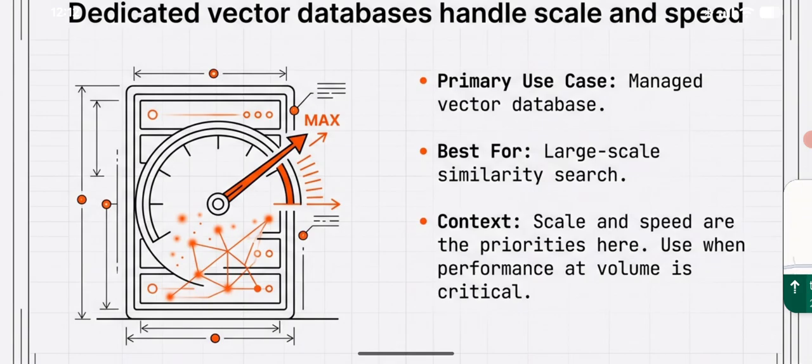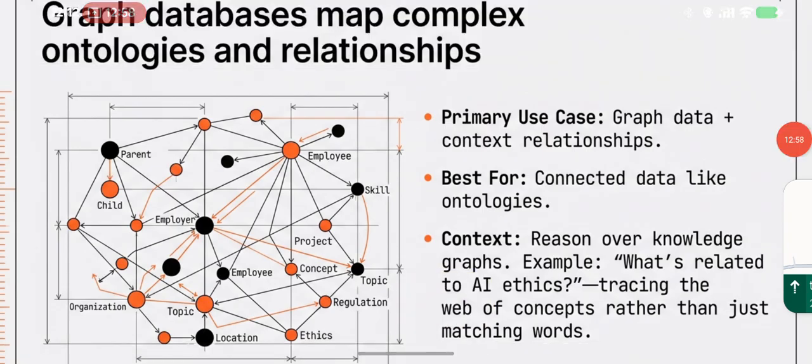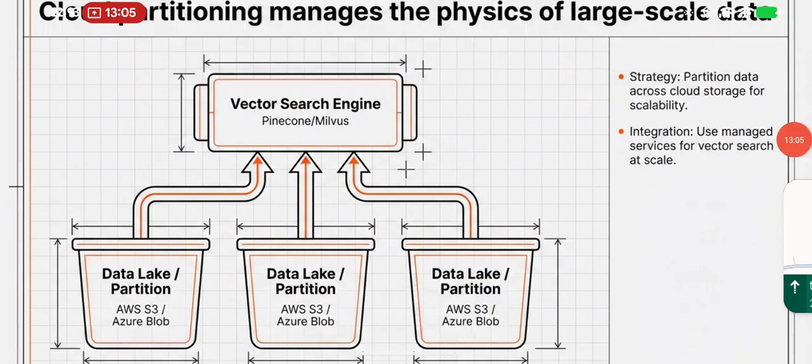And volume is critical. So like for any data, we need to consider volume, velocity, and variety of data, and accordingly choose the database. As I mentioned, graph databases are suitable for ontology kinds of applications.